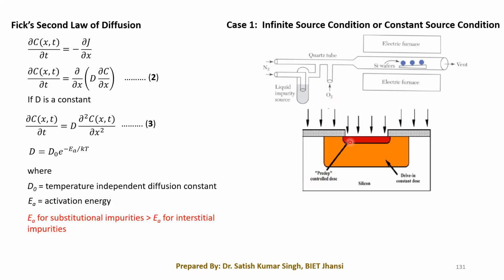After performing the pre-deposition step for a certain amount of time, we turn off the supply of impurity atoms, and then raise the temperature of the wafer so that the already diffused atoms up to this particular area can be further diffused deep inside your substrate. Generally this second step is called the drive-in step.